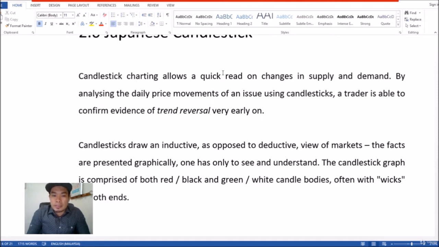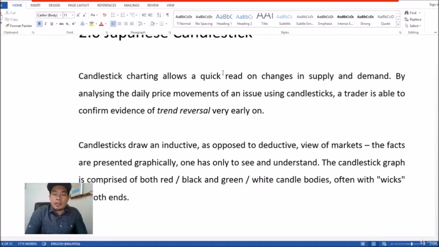trends in the markets. And actually, the candlestick chart is very important to identify price reversal. It is most useful to identify price reversal or momentum, depending on the candlestick.